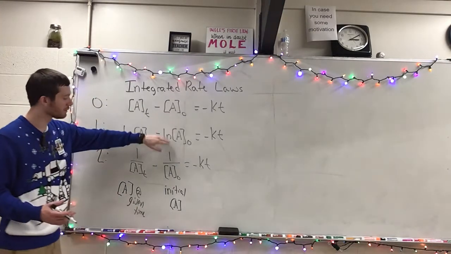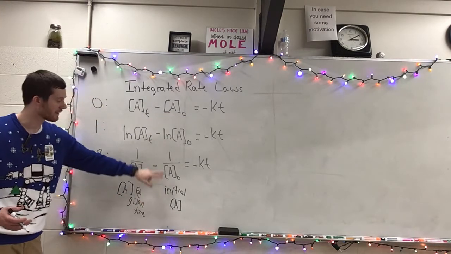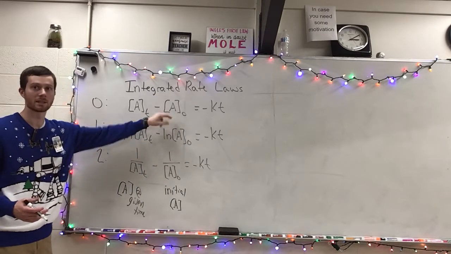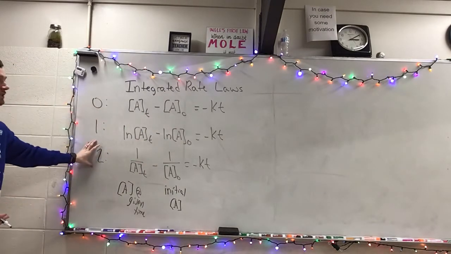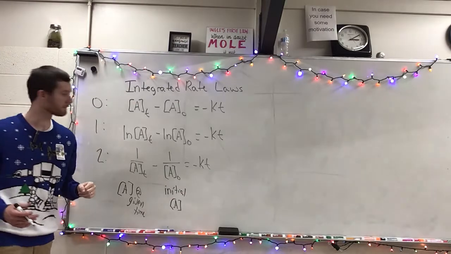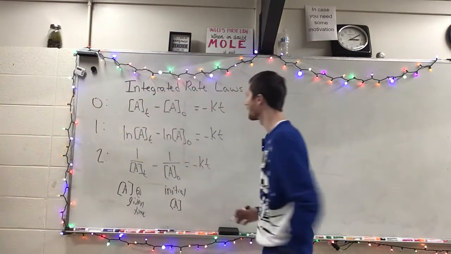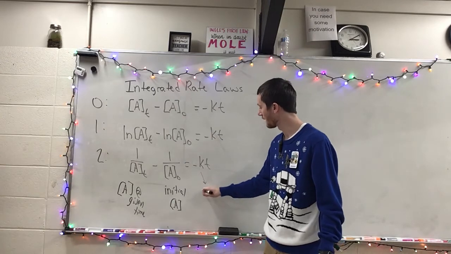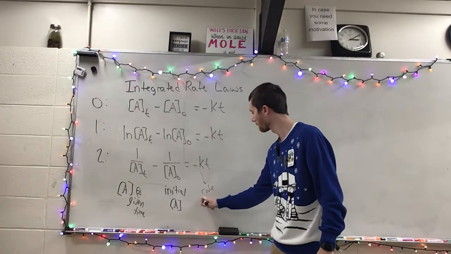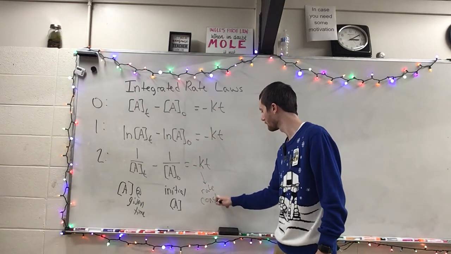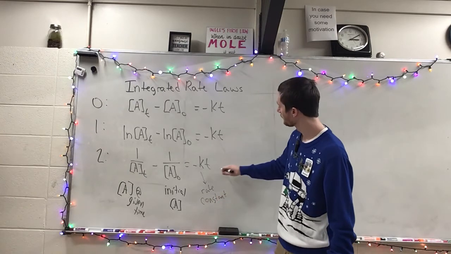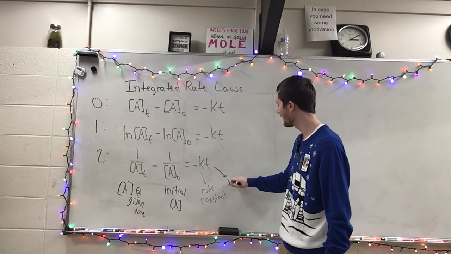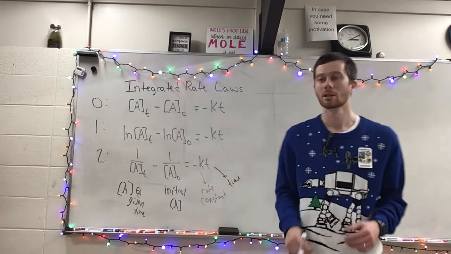So you can simply plug in your initial concentration of A here, there, or there, depending on whether you're zero, first, or second order with respect to A. On the right side of the equal sign, you have negative k, which is just your rate constant. And then each of them also has t, which is simply the time that has elapsed.